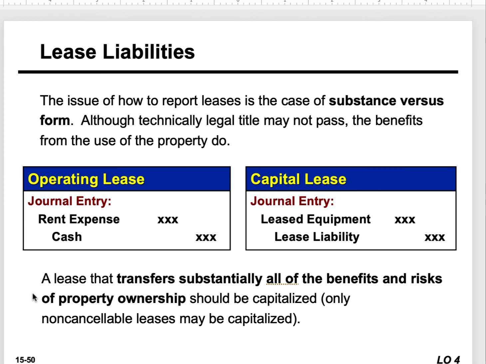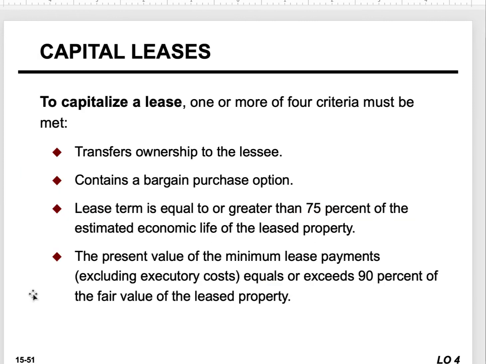Meaning we put it on the balance sheet. When we're talking about capital leases, we're capitalizing it, putting it on the balance sheet and showing that we actually have all the risks and the benefits of owning this asset.